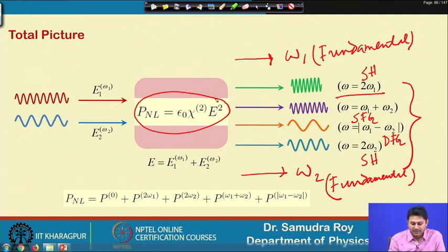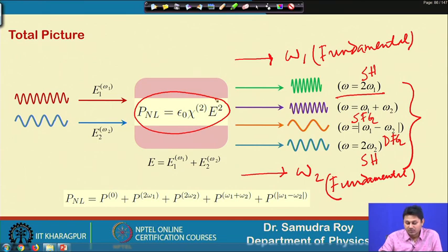Now the next thing is that we know all the frequencies should in general be there, but it is not that easy for all frequencies to be generated. If I launch the two fields, it is not readily going to generate everything.